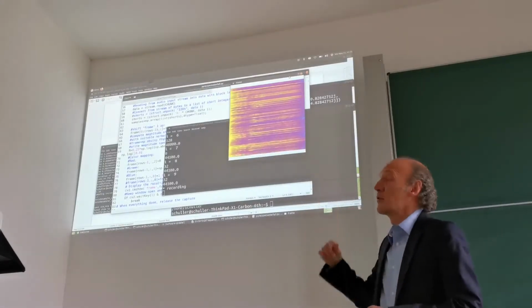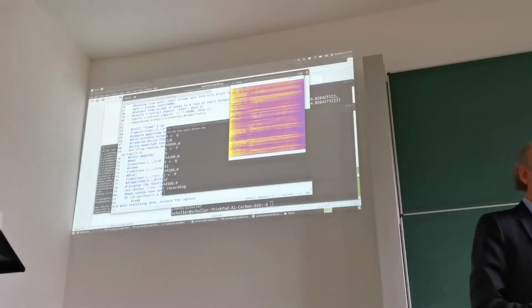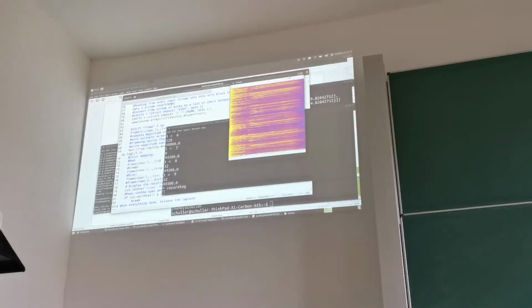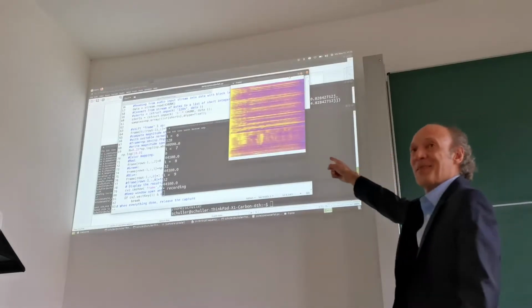In this way, you also have the time dimension, which is important, for instance, for analyzing speech. As you can see here, like A, E, O. Can you see the differences?